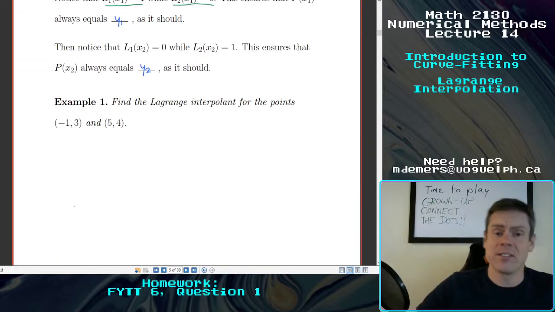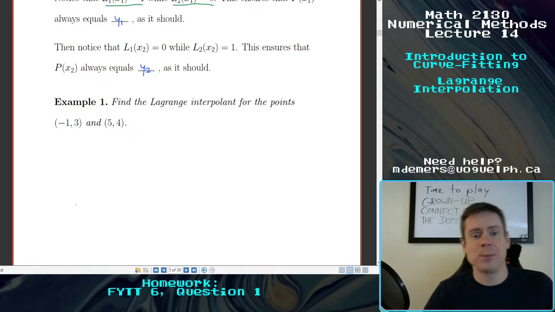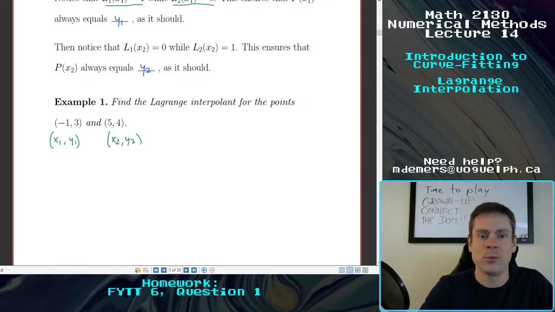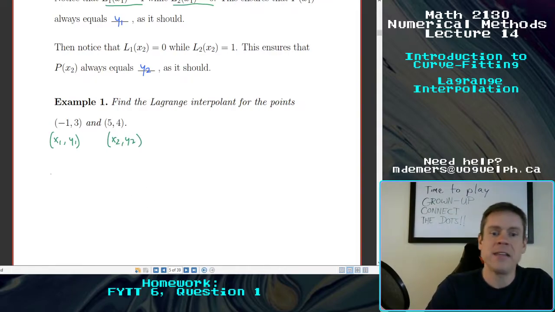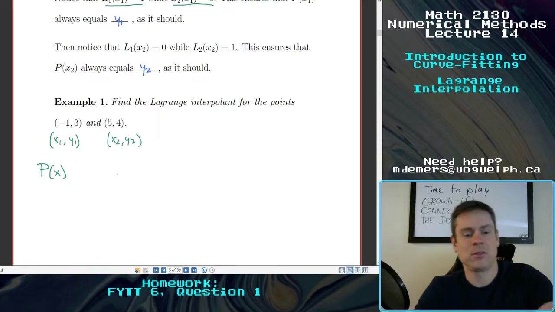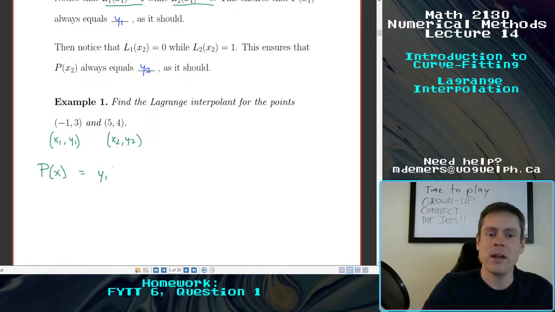Okay, exercise time. Find the Lagrange interpolant for the points (-1, 3) and (5, 4). Let's start by calling these some useful names. Let this be x1, y1, and this be x2, y2. Let's remind ourselves of the form: we need p of x to equal y1 L1 plus y2 L2.